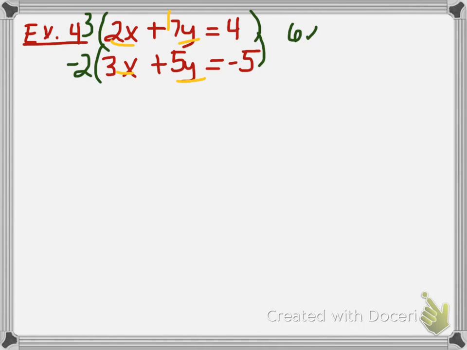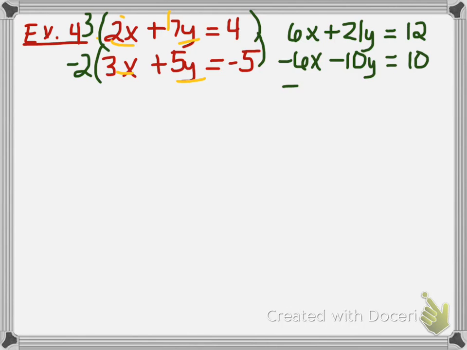So when I put the 3 outside, 3 times 2x, that's a 6x. 3 times 7y, that's a 21y. And 3 times 4, that's a 12. The bottom one, negative 2 times 3, negative 6x. Negative 2 times 5, negative 10y. Negative 2 times a negative 5 would be a positive 10.